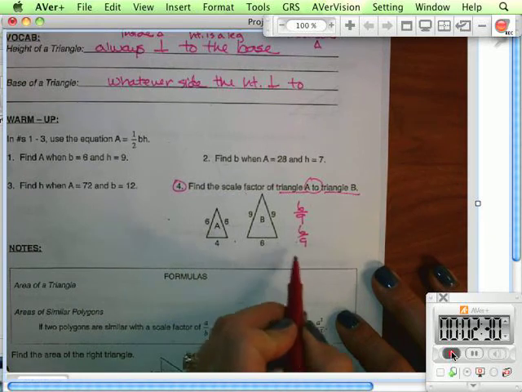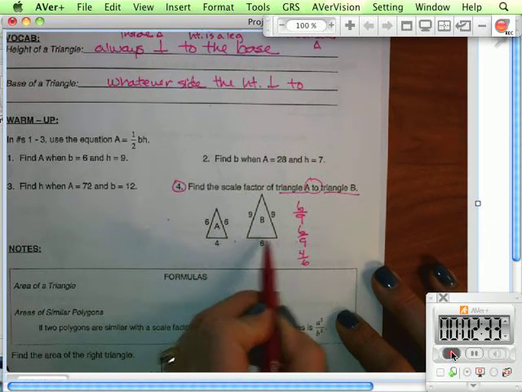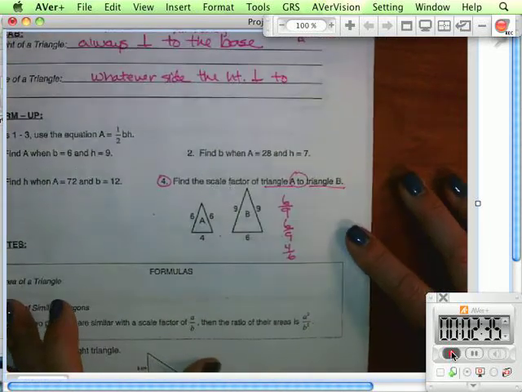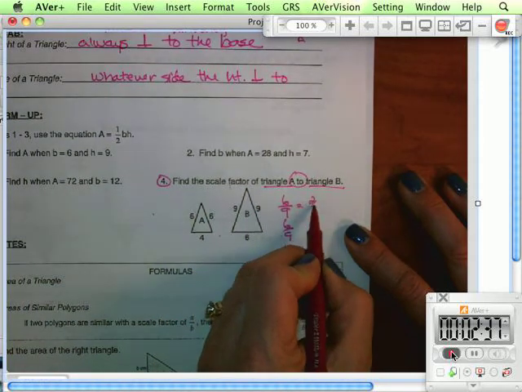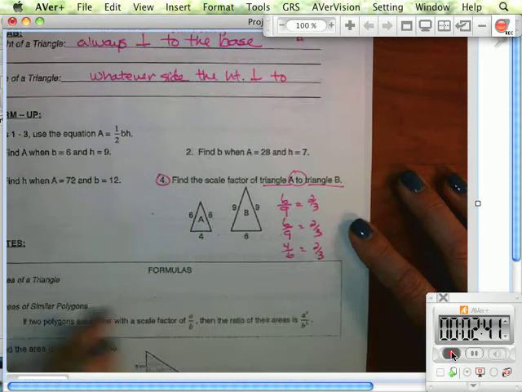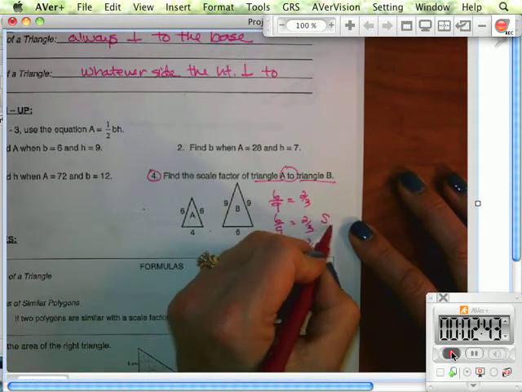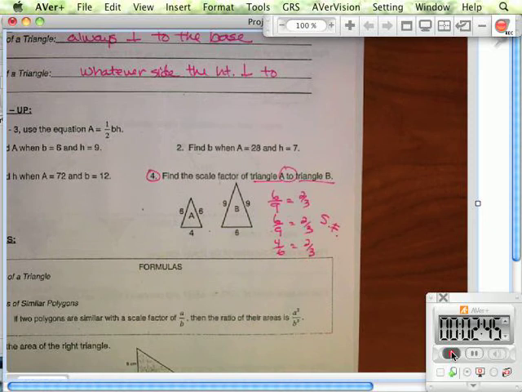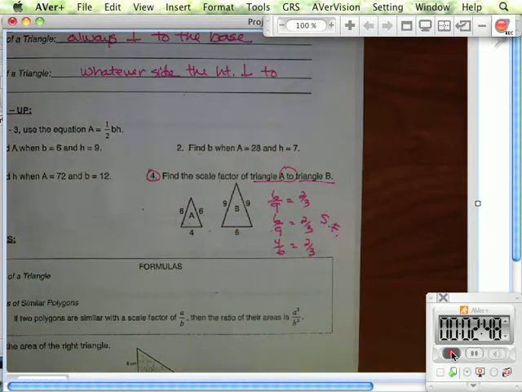And 4 is to 6 down here on the bottom. If I reduce all these, lo and behold, they're the same number, which is the scale factor. Just as a refresher. That's the scale factor, okay?